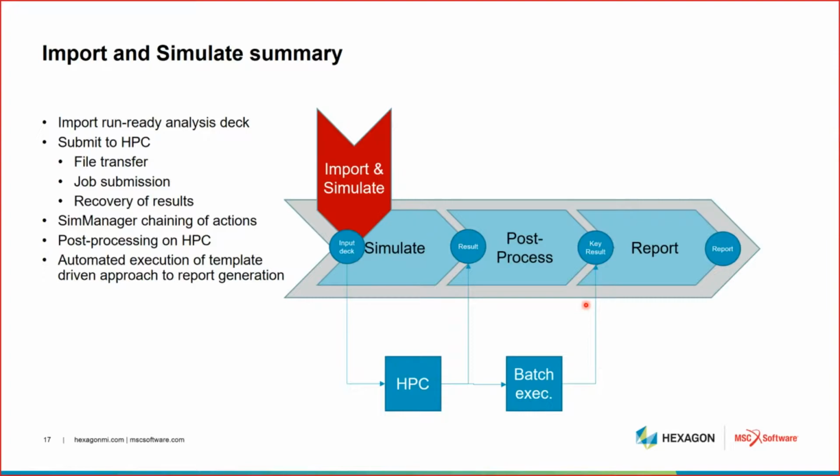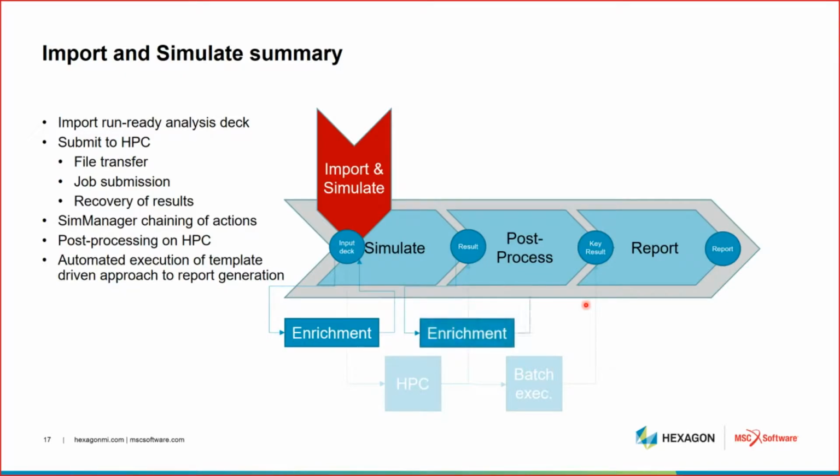Now, once the job is actually run and finished, of course, we're finished with the HPC and the batch execution environment, but there's maybe some supplementary activity that is desirable, and that can be run as an enrichment process. So we can configure additional enrichment activities within SimManager that allow you to process any model or any data item in SimManager to extract additional information from it.